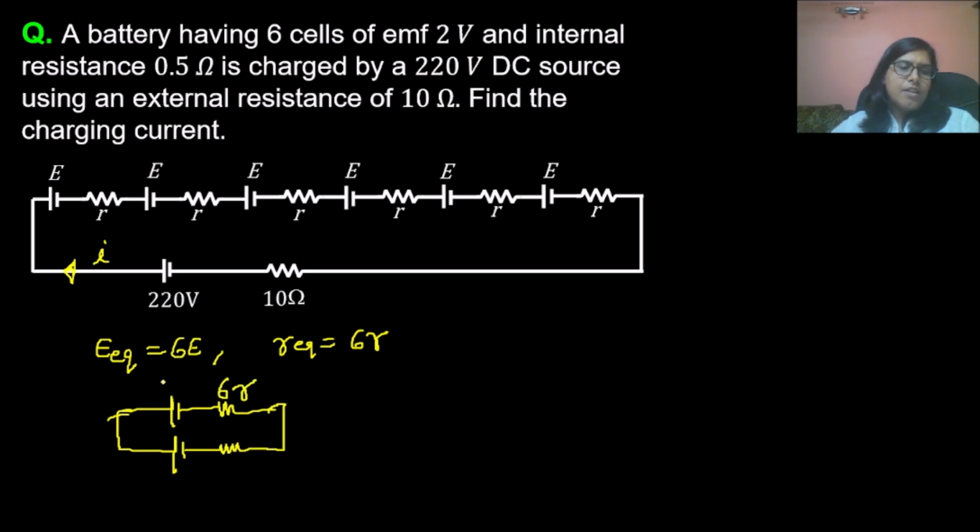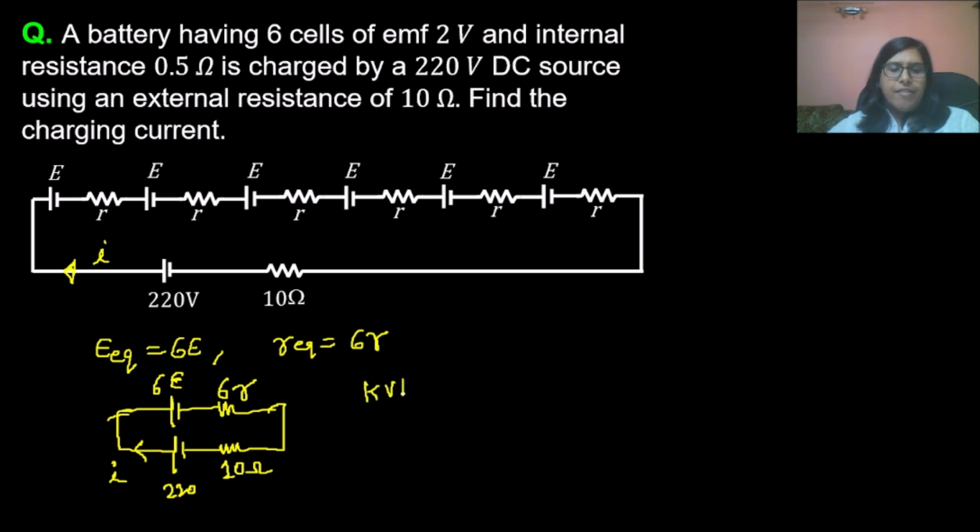This is 6R and this is 6E. Current in every cell will be the same because this is a series combination. The 220 volt source current is flowing in this direction through the 10 ohm, right?